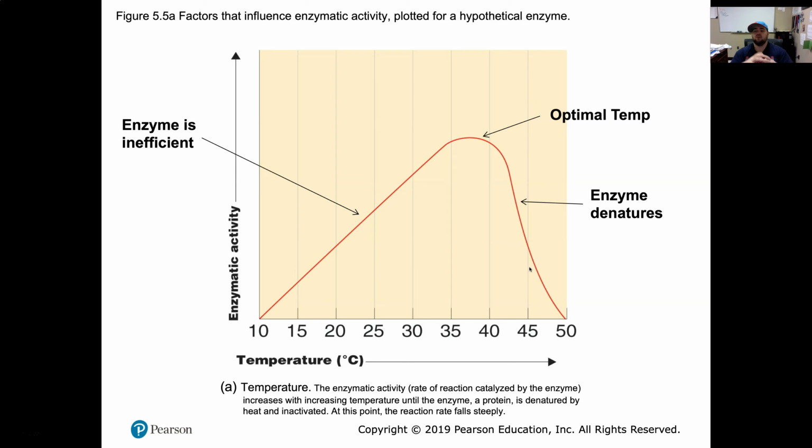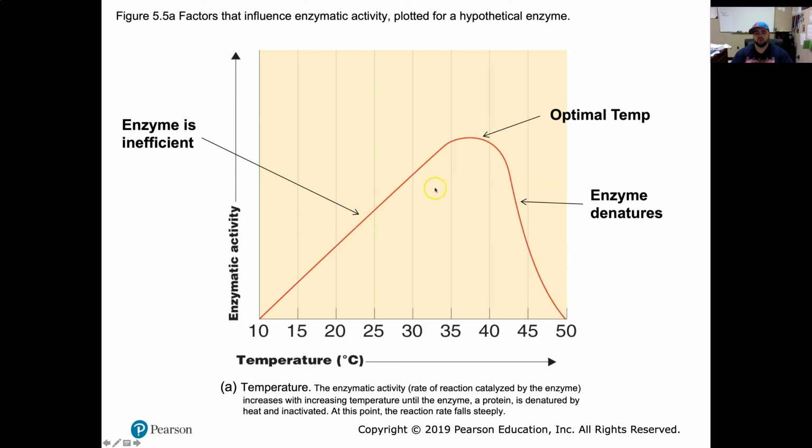So there's very specific criteria that make enzymes work at optimal functionality. But if you change one of those, then it can drastically affect how efficient that enzyme is.